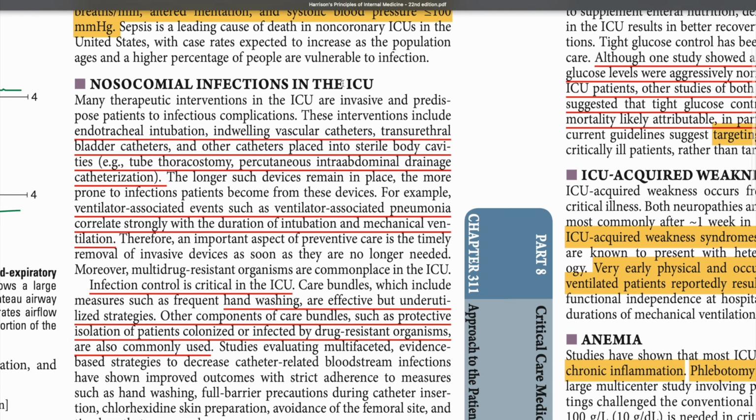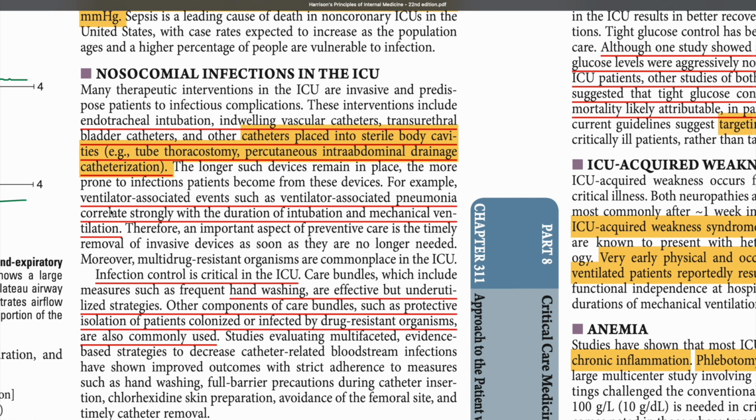Then nosocomial infections in the ICU. These interventions include endotracheal intubation, indwelling vascular catheters, transurethral bladder catheters, and catheters placed into sterile body cavities, which can cause nosocomial infections. Then ventilator associated events such as ventilator associated pneumonia correlate strongly with the duration of intubation and mechanical ventilation. So the duration of intubation can be a factor for ventilator associated pneumonia.